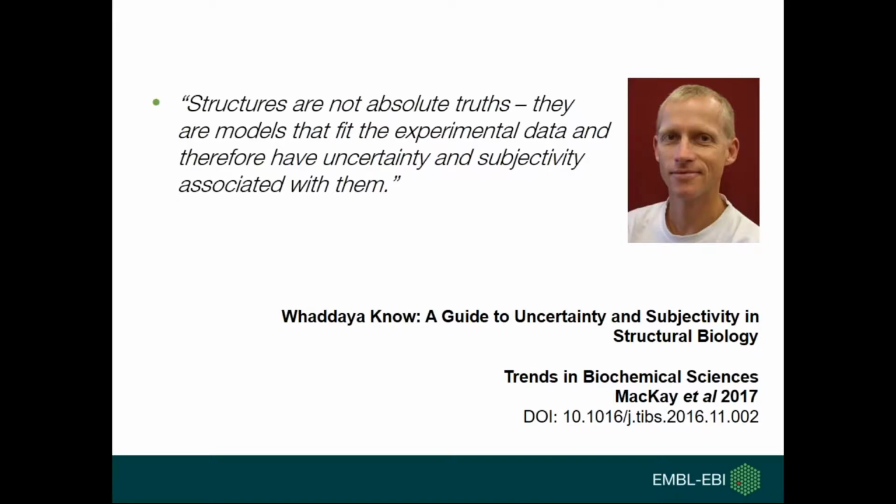There's a very good paper in Trends in Biochemical Sciences, which came out earlier this year, which gives you an overview of the strengths and limitations of the different methods, and points out structures are not absolute truths. They're models that fit the data. There's uncertainty and there's subjectivity with all the models, and this tells you where the pitfalls are, what to look for, and what the limitations are.